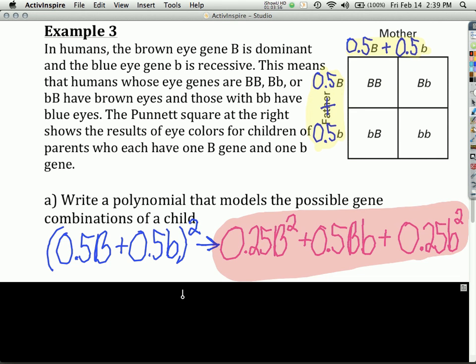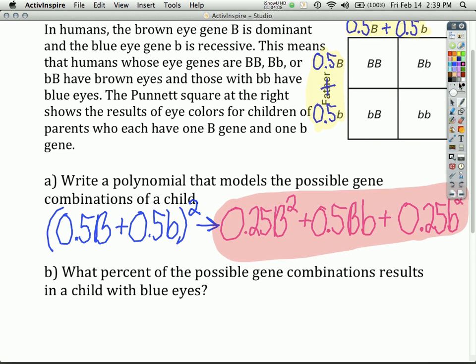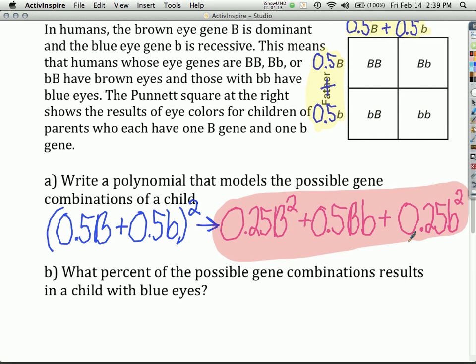Okay? Now part B. What percent of the possible gene combinations results in a child with blue eyes? What do you think, Anissa? What did you think, Shelby? Okay, Tristan, what did you think? Yeah, it's 25%.